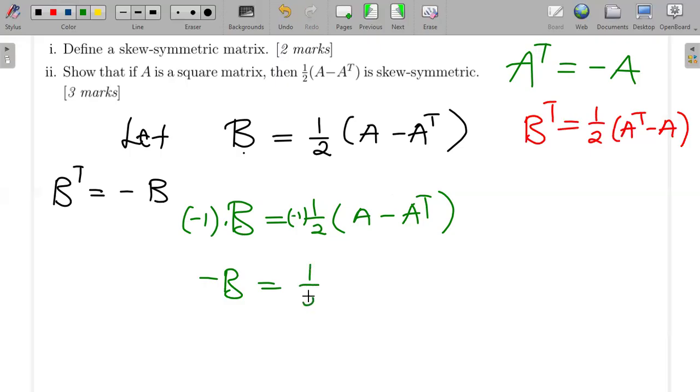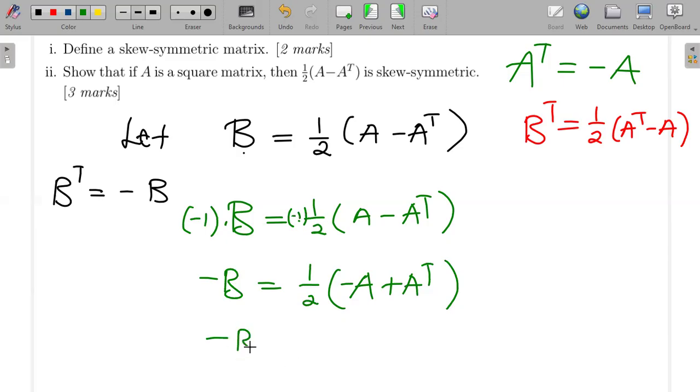So it will be 1 over 2, and the negative multiplied with this gives minus A, and then plus A transpose.